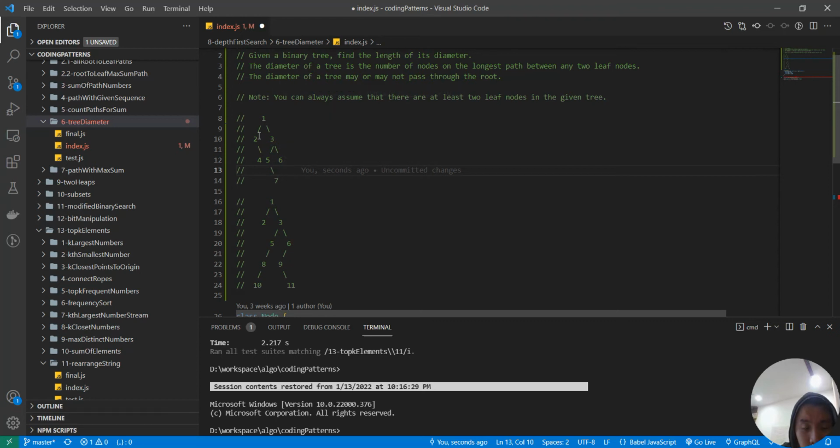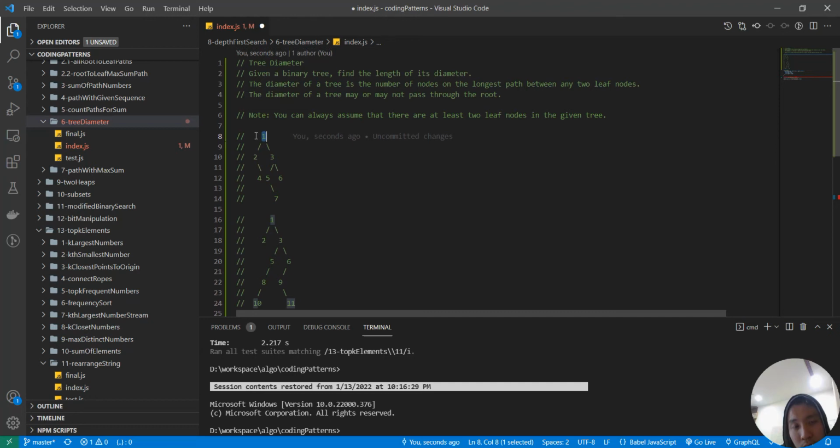And in this case the diameter would be the height of the left branch plus the height of the right branch. It would be 2 here and 3 here.